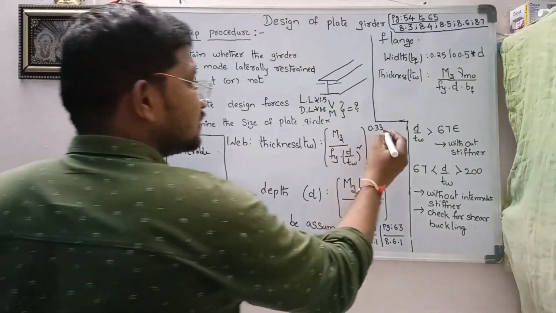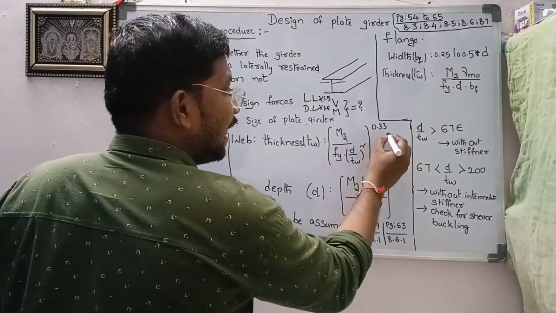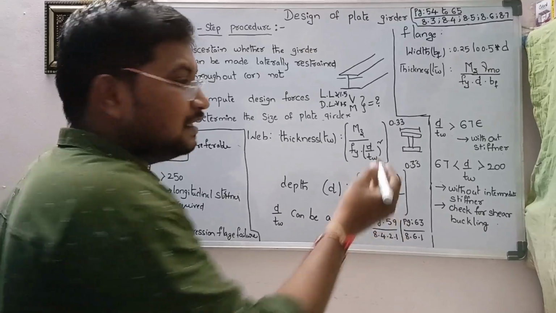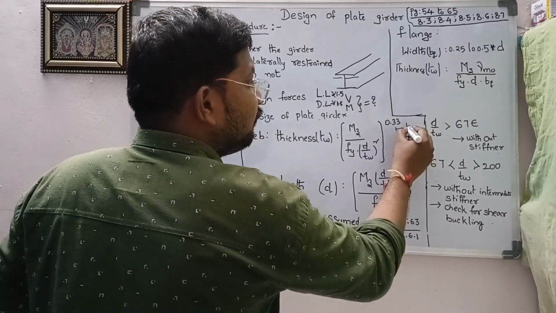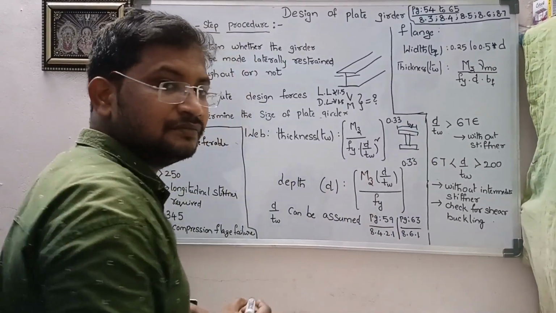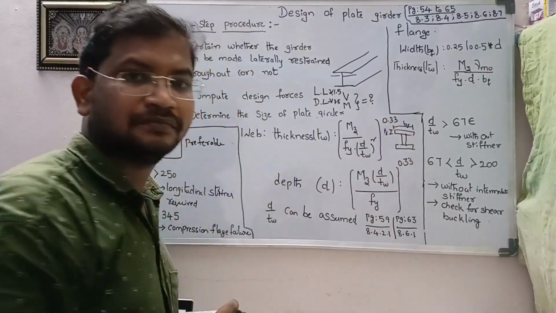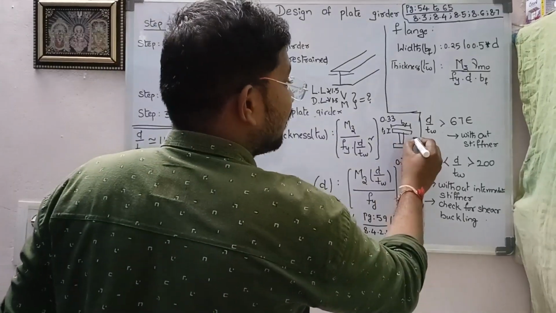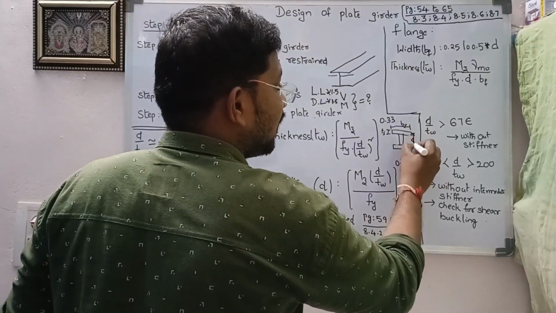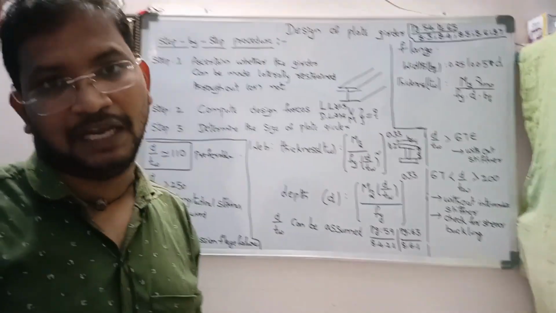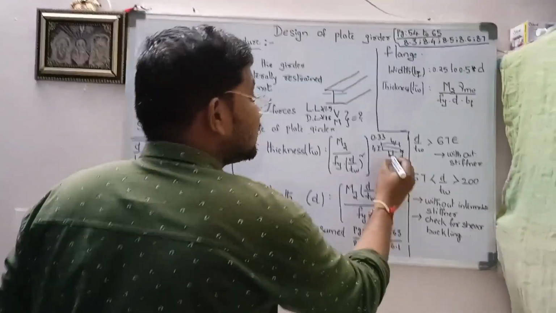And here we need to determine or decide the width of the flange BF, thickness of the flange TF, and depth of the web, as well as the thickness of the web.